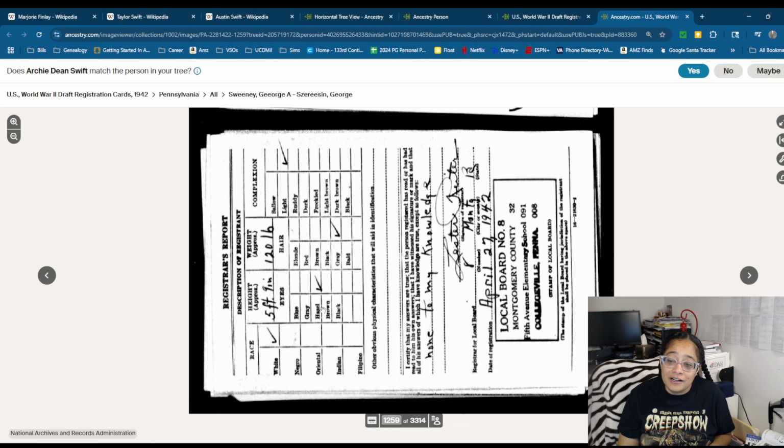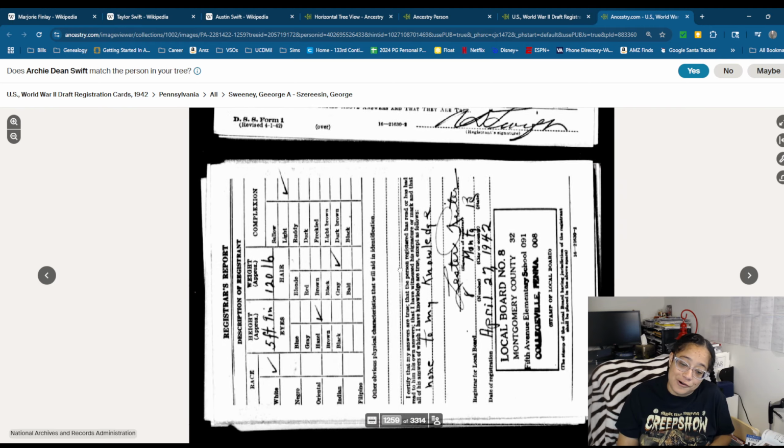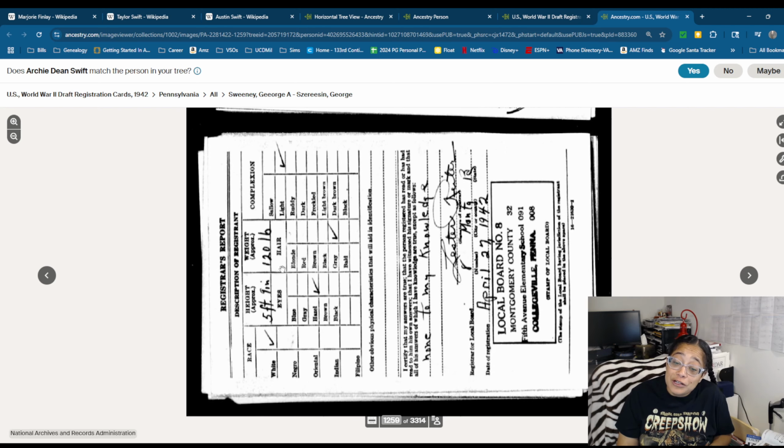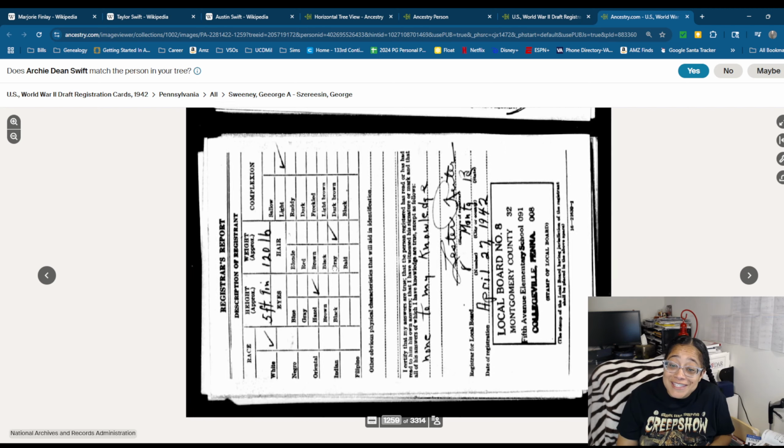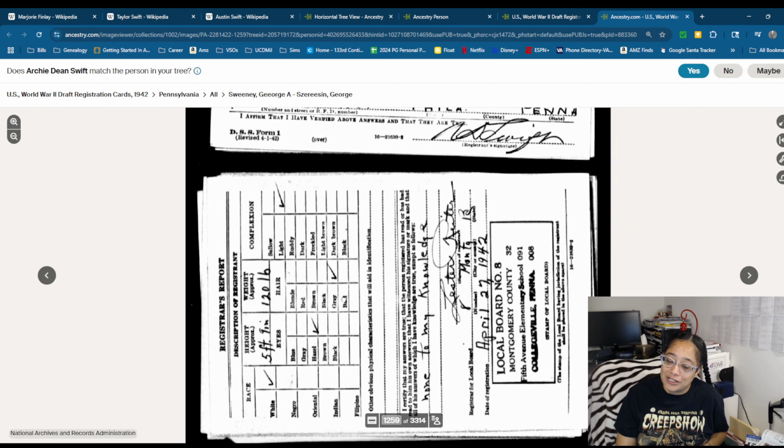And then we have here the back side of the card. So it gives race. He says he's white, he's 5'9", he has hazel eyes, gray hair, which, you know, at the advanced age of 64, we know. It says he weighed 120 pounds. Wow, he was so skinny. And then he has a light complexion.